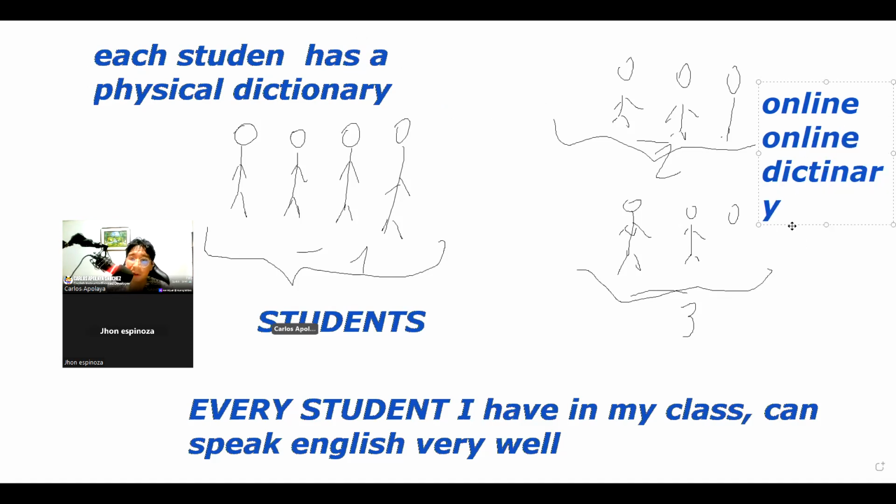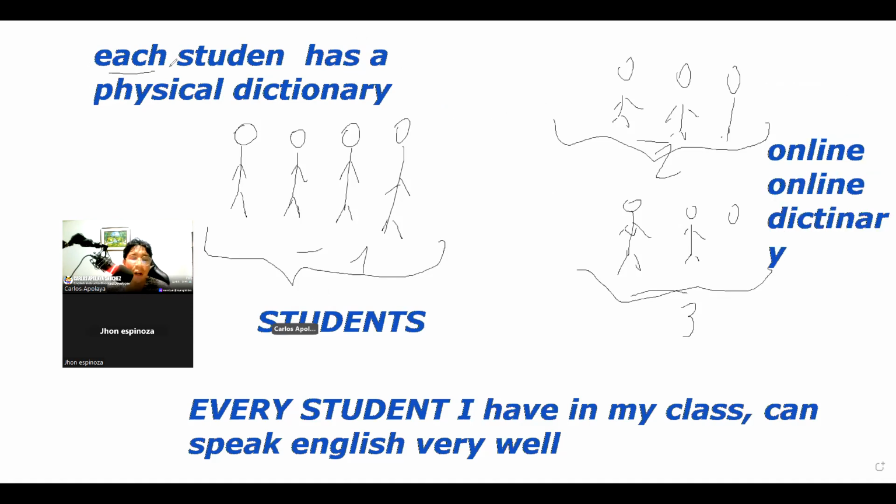And this group too, online. Look at this. When I say each, who has physical dictionaries? 1, 2, or 3? Well, just one, right? So each of them, this is a student, this is a student, this is a student, this is a student, a physical dictionary. So they have a physical dictionary.